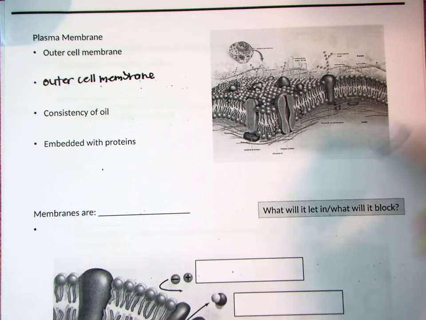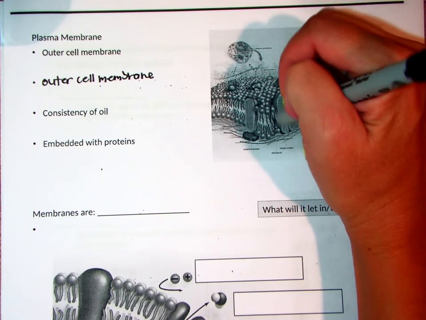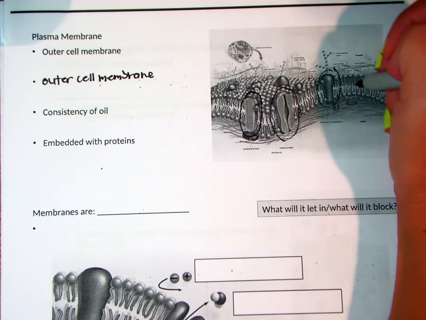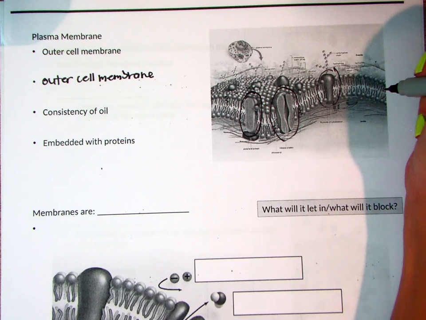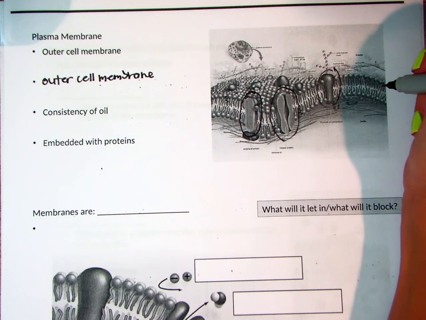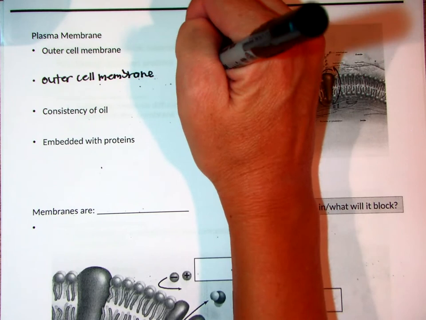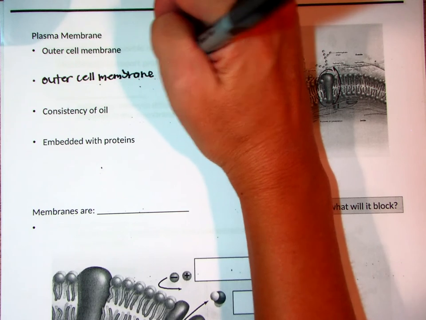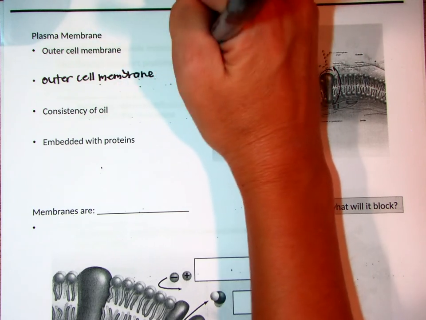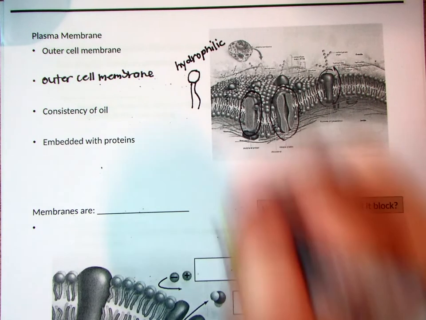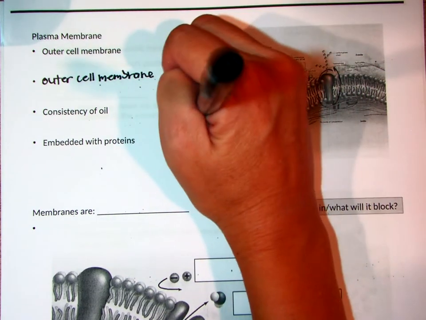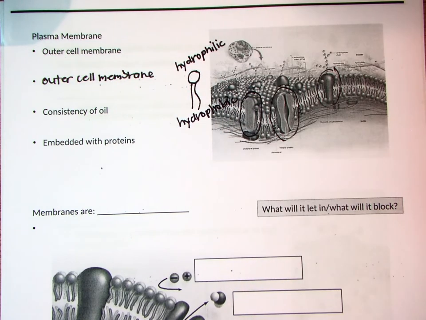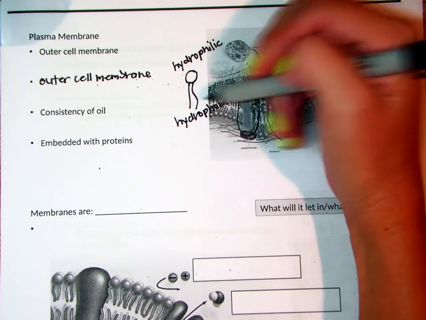So again, it's embedded with proteins, and in this picture, this is a protein here, protein, and then these are your phospholipids. So if you remember anything about phospholipids from a couple lectures ago, they look something like this. So they had that hydrophilic, water-loving head, and the hydrophobic tails, so water-fearing.